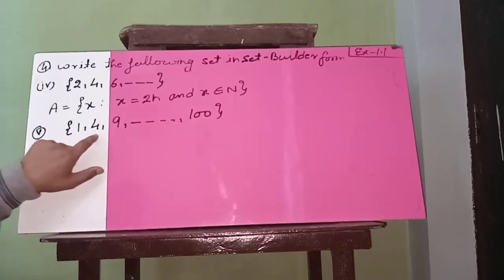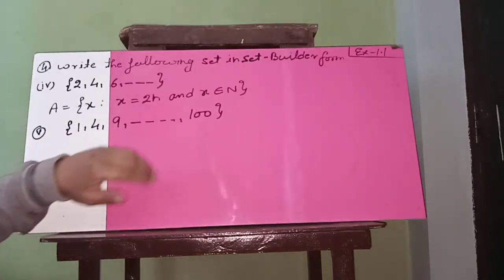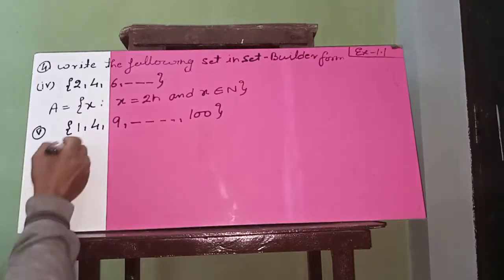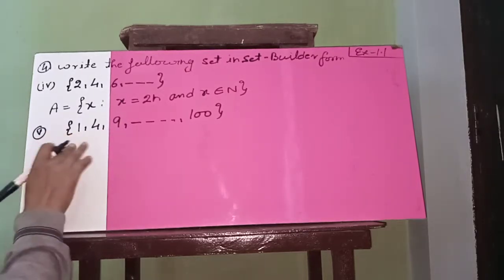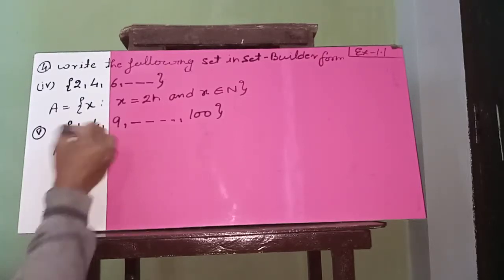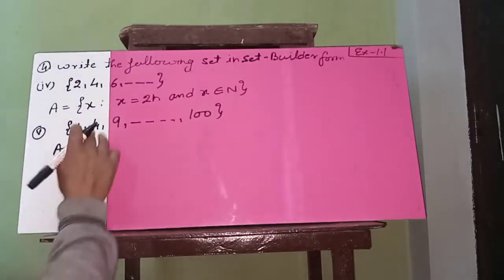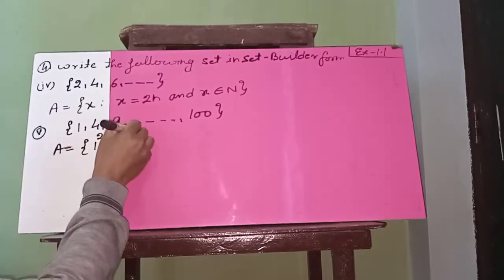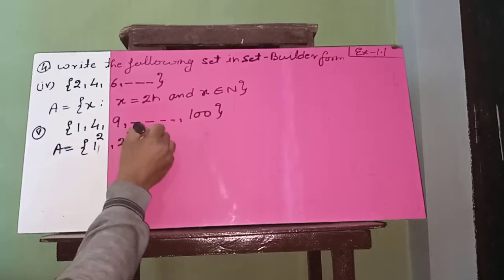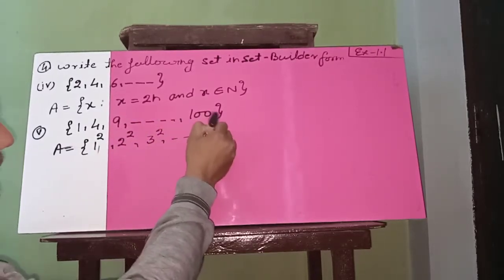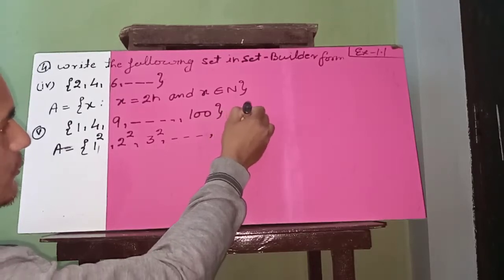It means all the elements of the given set are the squares of numbers. Okay, so we will take the name of this set as A. So it means 1 to the power of 2, 2 to the power of 2, 9 is 3 to the power of 2, comma, dash, dash, dash, 10 to the power of 2.